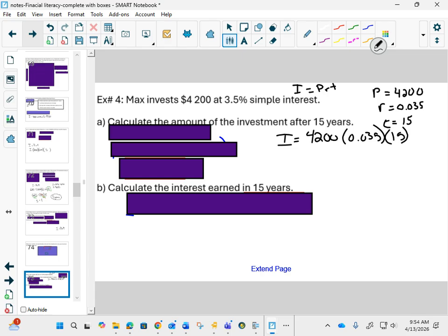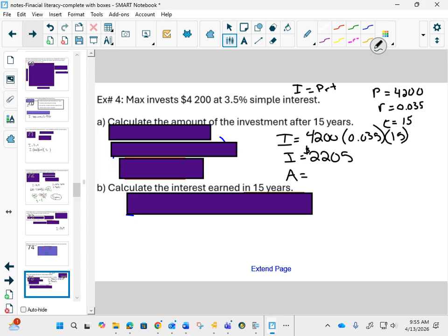I would type that into my calculator and get my interest. $2,205. Nice.